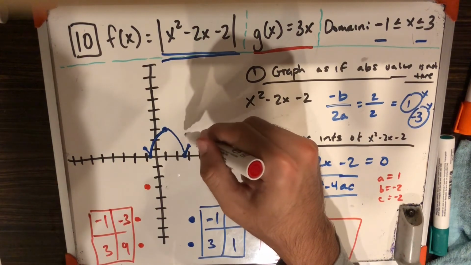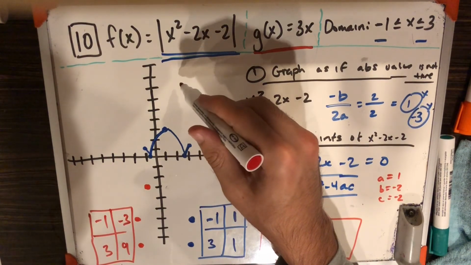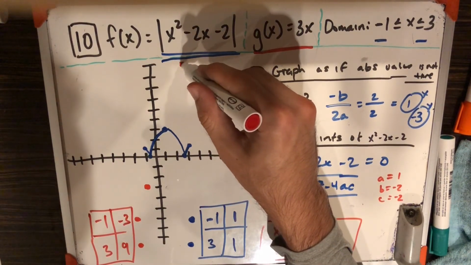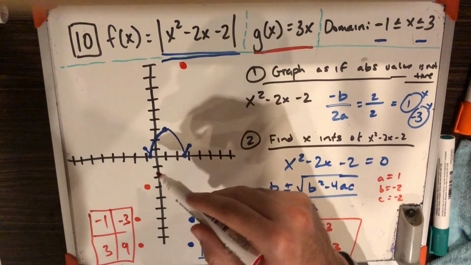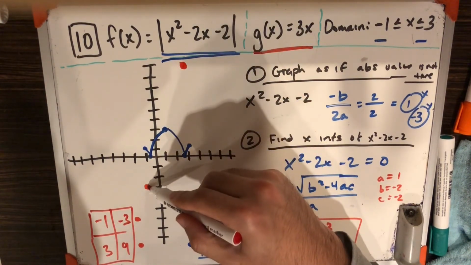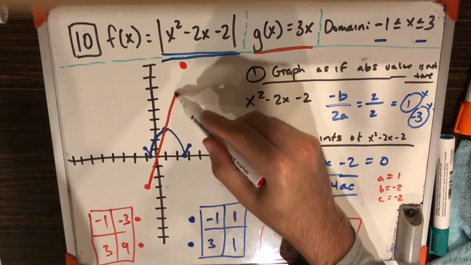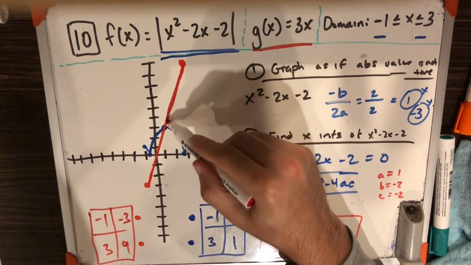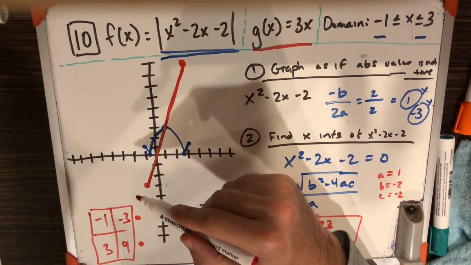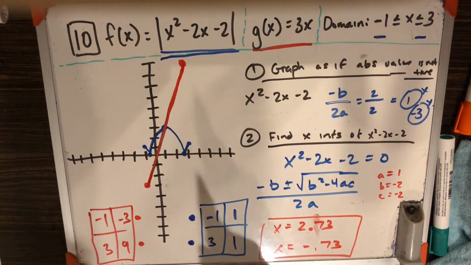So 1, 2, 3, 4, 5, 6, 7, 8, 9. Okay, I connect these points. Okay, so this is how this should look like, right?